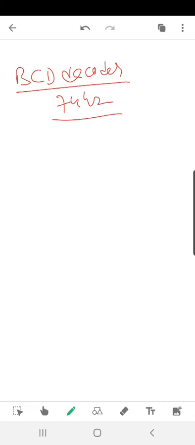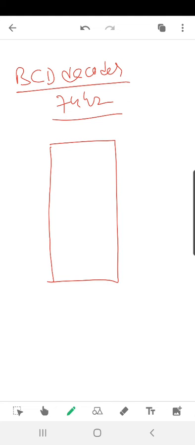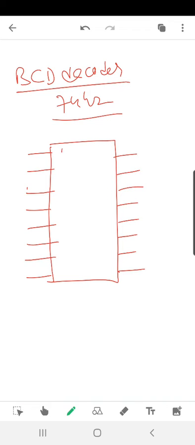When we talk about our IC, the structure diagram is something like this. It is basically a 16 pin IC. So we have pin number 1, 2, 3, 4, 5, 6, 7 and 8 on the left side, and pin number 9, 10, 11, 12, 13, 14, 15 and 16 on the right side.